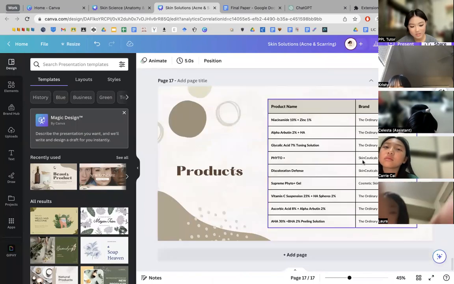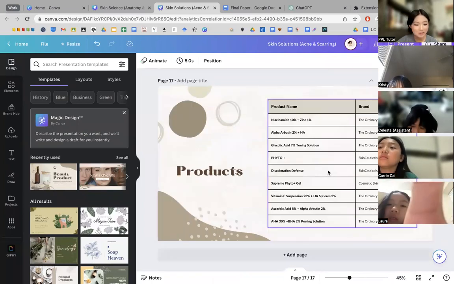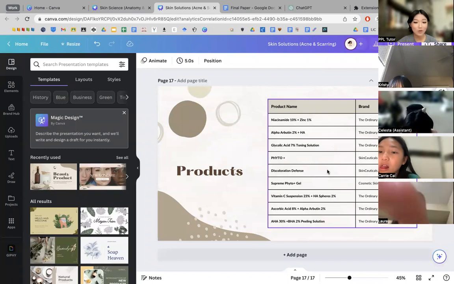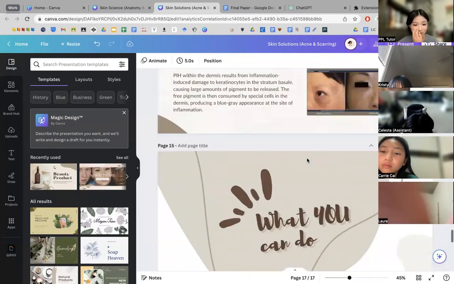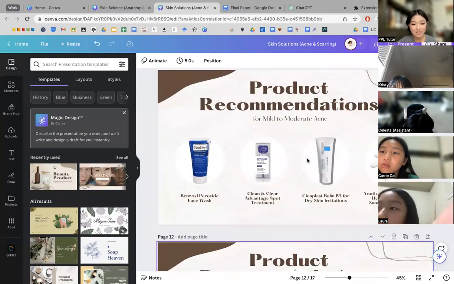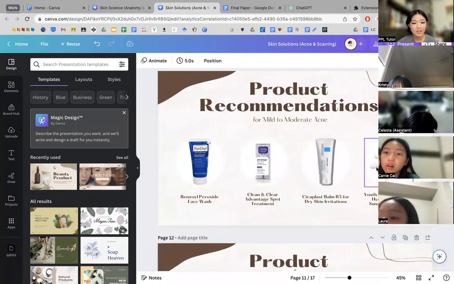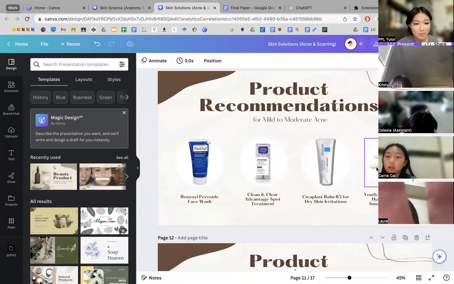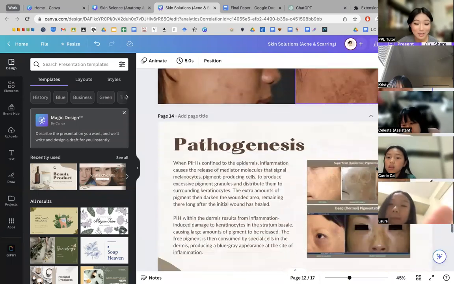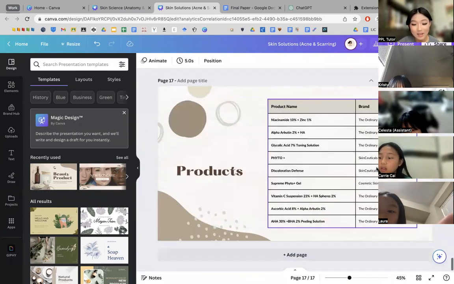Yeah, so here are just some of the products that are tried and true. I have used all of these by myself or most of these by myself. And of course, I've used all of the products that I've recommended to you up here. And definitely, if you are struggling with acne or any type of scarring, or you just want to get brighter skin, definitely incorporate some of these products into your skincare routine.